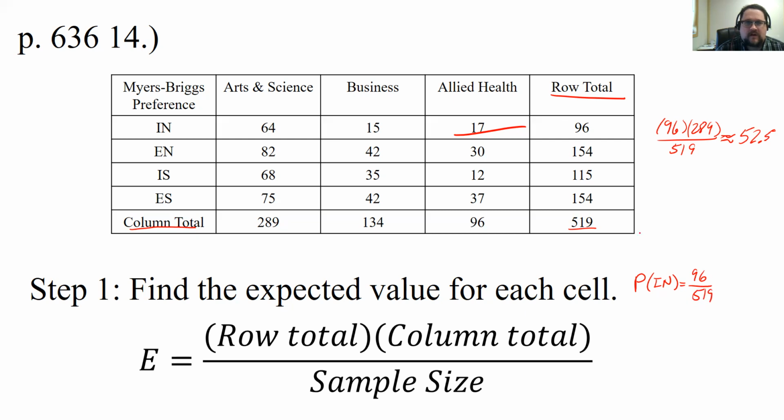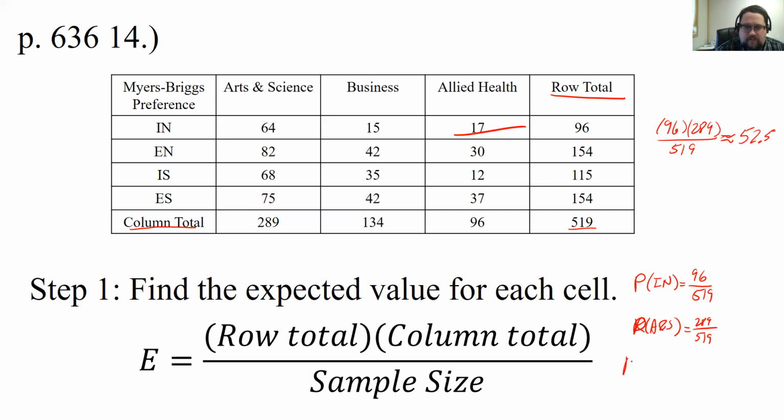That's the probability someone would end up in the IN row. And if I wanted to know the probability that a student majored in arts and science, I would take 289 divided by 519. Again, that's the column: how many people are in the column divided by 519.